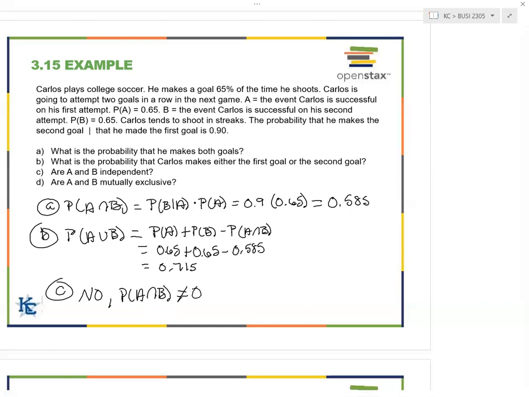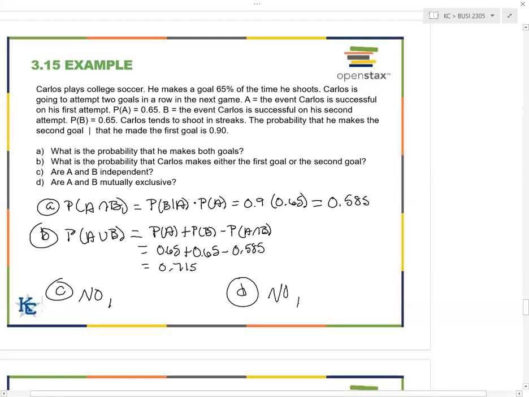Okay. So then D says, are A and B mutually exclusive? Oh, wait, I gave the wrong justification. This is the justification for mutually exclusive, right? So the answer is no, they're not mutually exclusive because A intersect B does not equal 0.